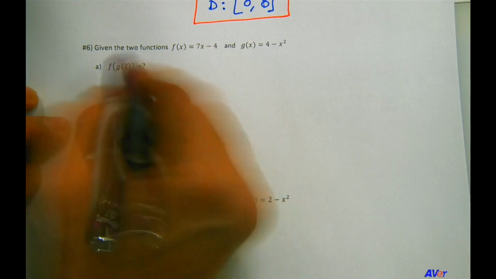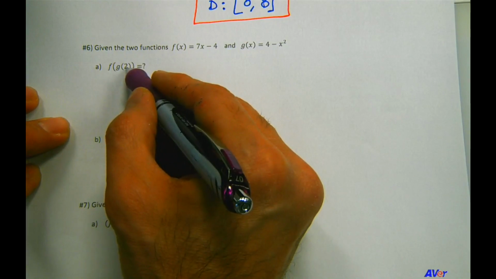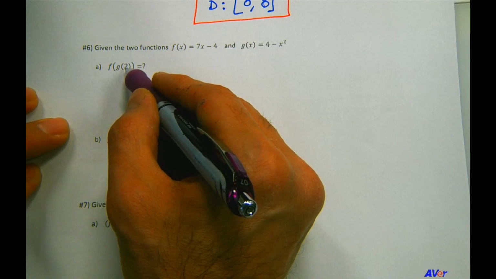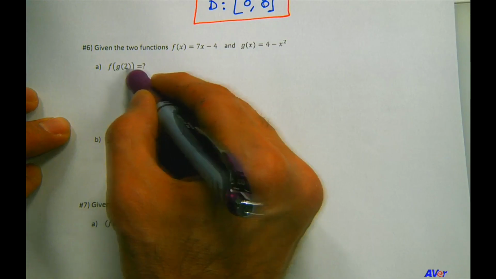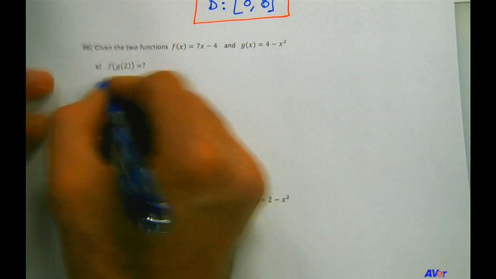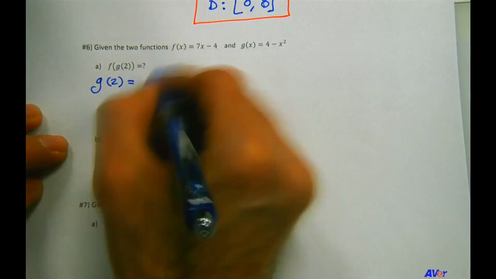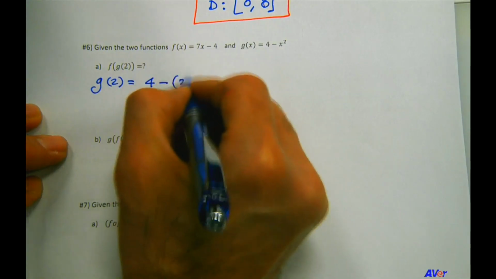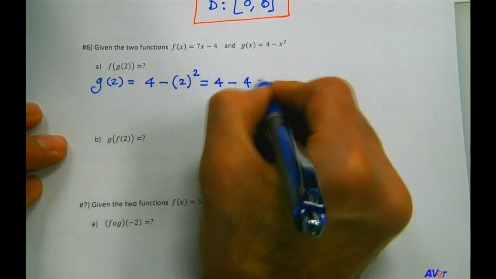So let's do that. Sometimes it is not a number, it's just an x. This is a number, so it's actually making things easier. Let's first calculate what the function g at 2 is. Function g at 2 is equal to 4 minus 2 squared, 4 minus 4, 0.